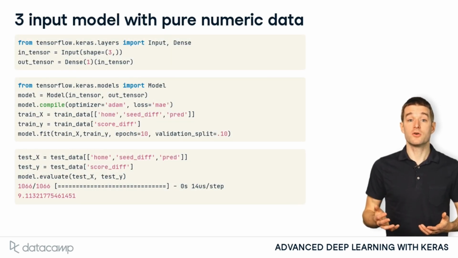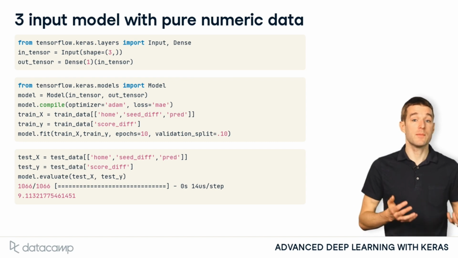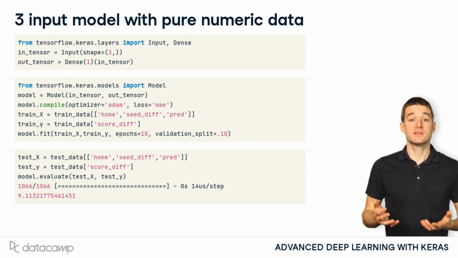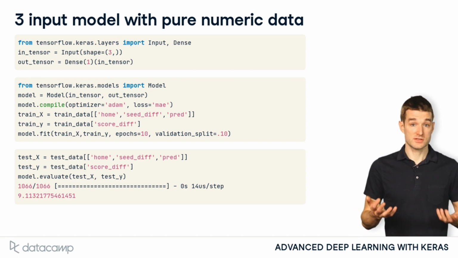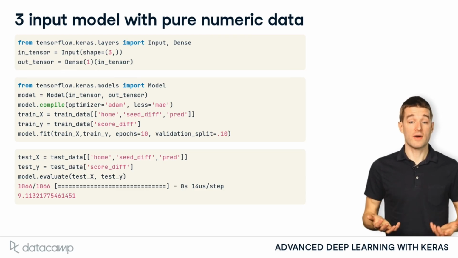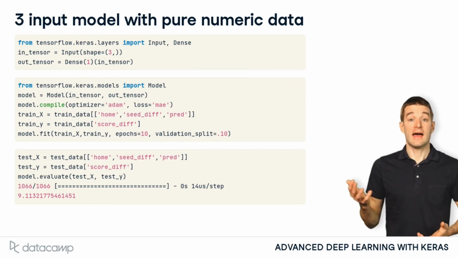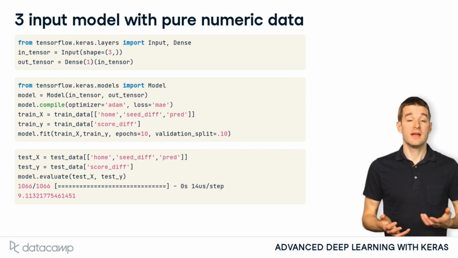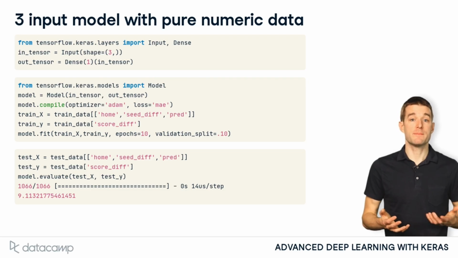You can create a model with a single input tensor and an output tensor and fit it using a single dataset. Similarly, evaluating the model requires a single dataset rather than a list. As you can see, this stacked model is pretty accurate. It's off, on average, by about 9 points in a given game.